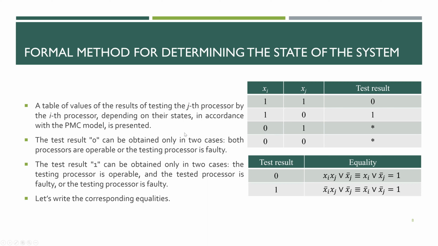And we can see the test result 0 can be obtained only in 2 cases: when both processors are operable, or the testing processor is faulty. And the test result 1 can be obtained also only in 2 cases: when the tested processor is faulty and the testing processor is operable, or the testing processor is faulty.